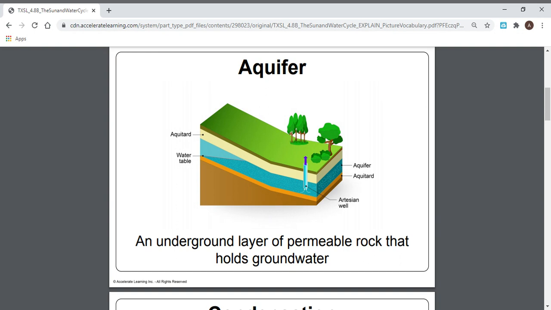We have read in our textbook what groundwater is when it comes to the water cycle. So again, it's an underground layer of permeable rock that holds groundwater. So we have it here, and you can see where the aquifer is, and how we use it for this unit.